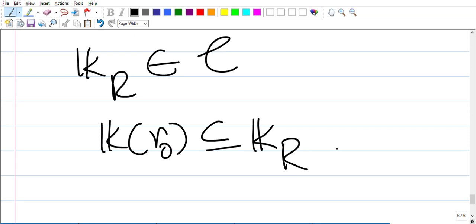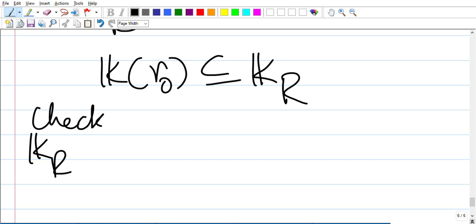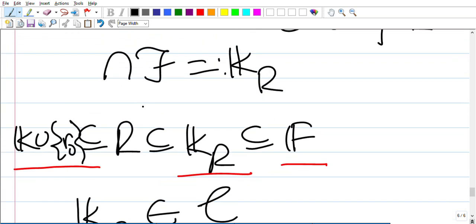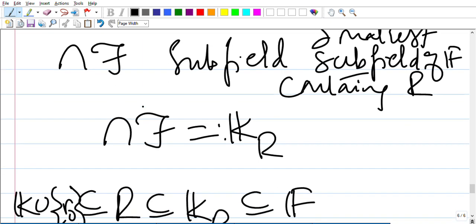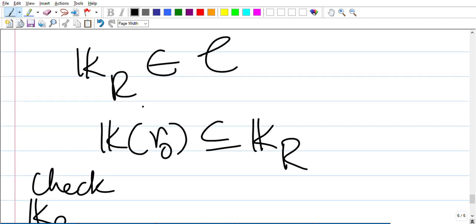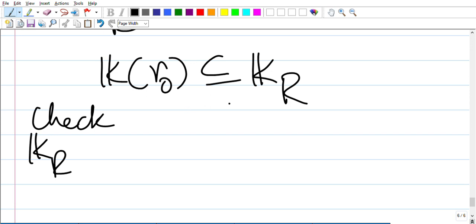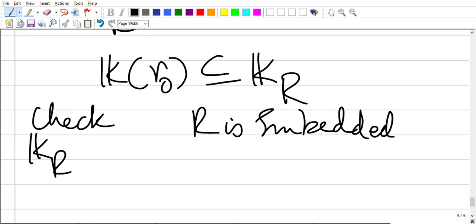But what are elements of K_R? It's not difficult to check again. Look, R is an integral domain, right? So every integral domain has a so-called field of fractions. So R is embedded in a field called the field of fractions.